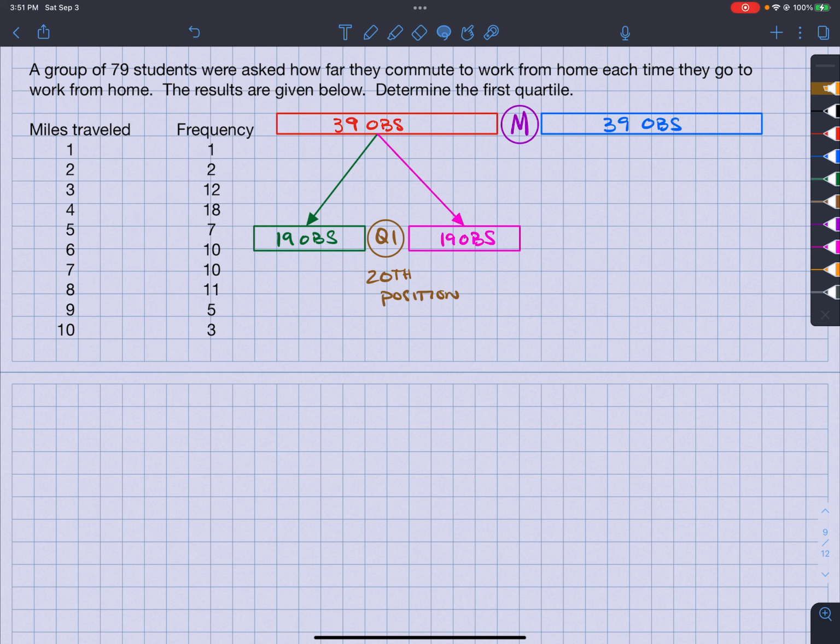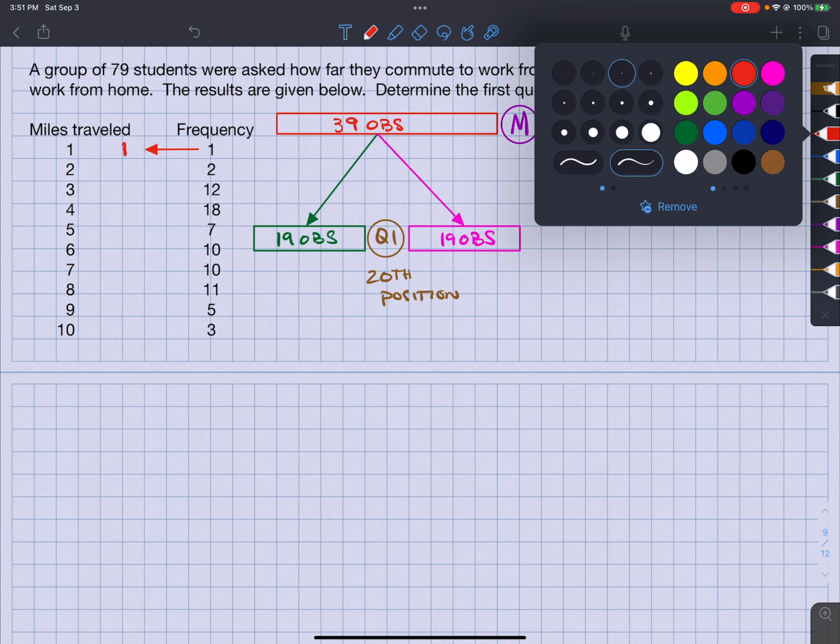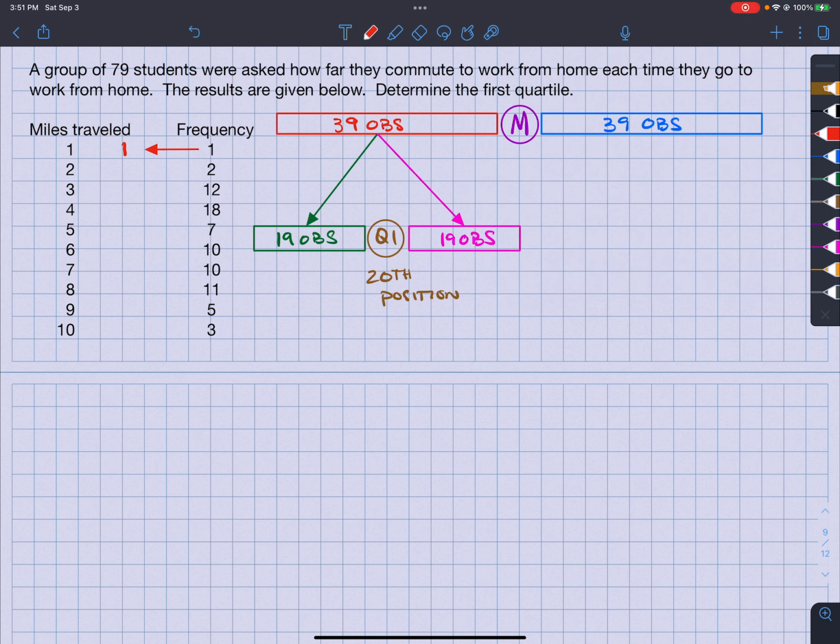So let me go ahead and write that a little better. First, I'll do this. That is definitely going to be the first position. Then if I add that 1 to the 2, I should get the 3. How do I want to do this?